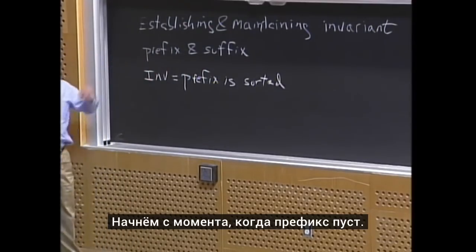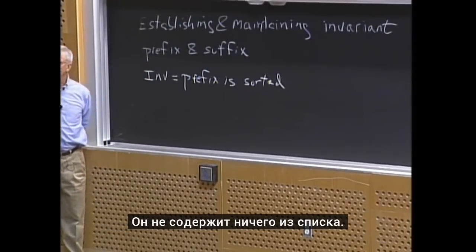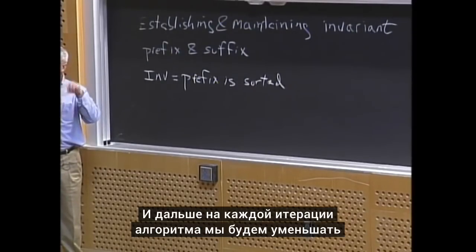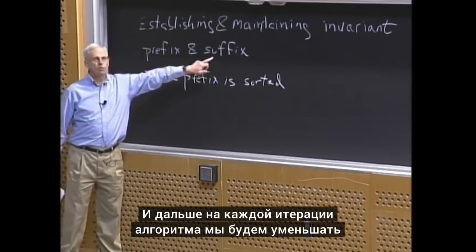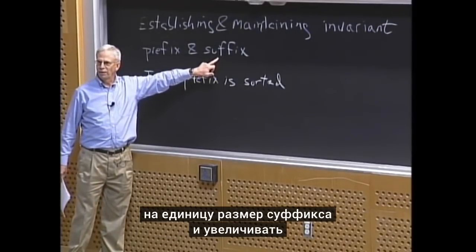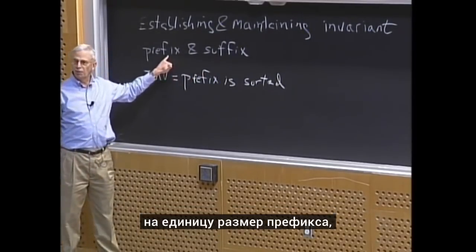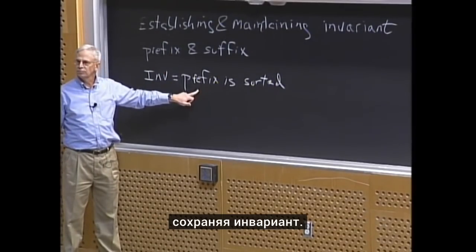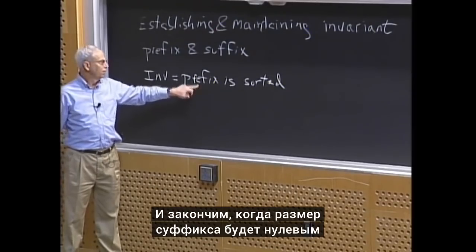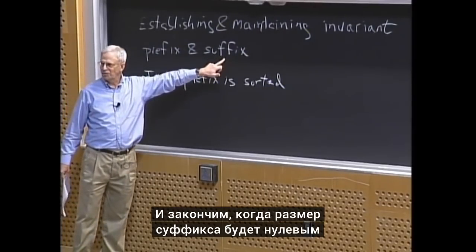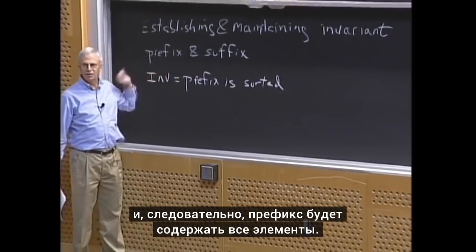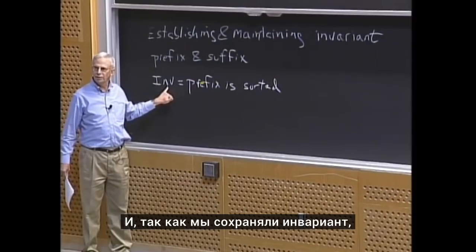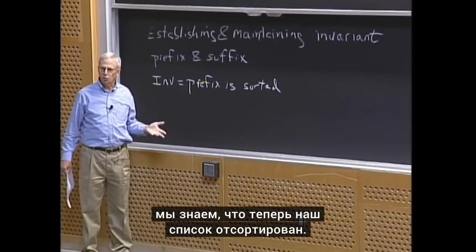We'll start where the prefix is empty, it contains none of the list. And then each step through the algorithm will decrease the size of the suffix by one element and increase the size of the prefix by one element while maintaining the invariant, and will be done when the size of the suffix is 0, and therefore the prefix contains all the elements. And because we've been maintaining this invariant, we know that we have now sorted the list.